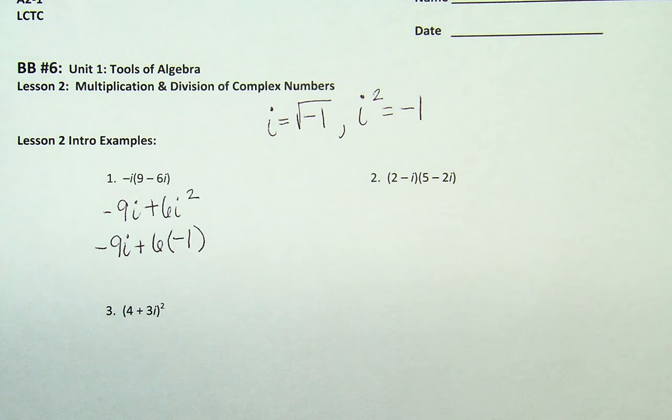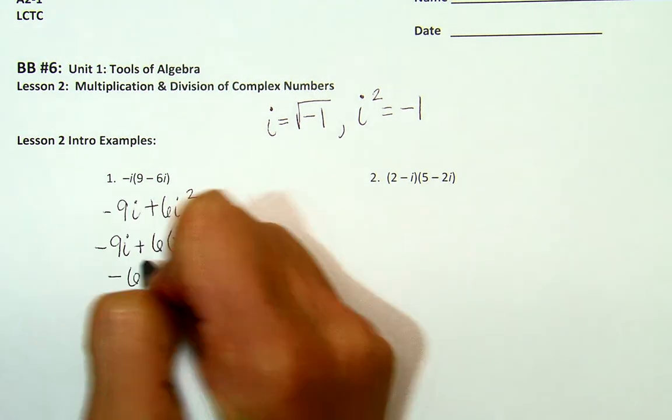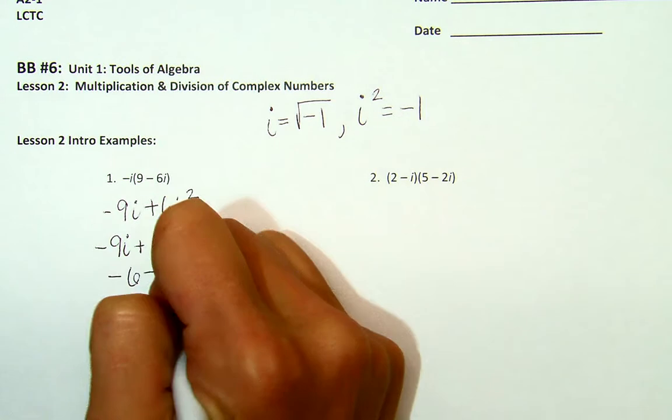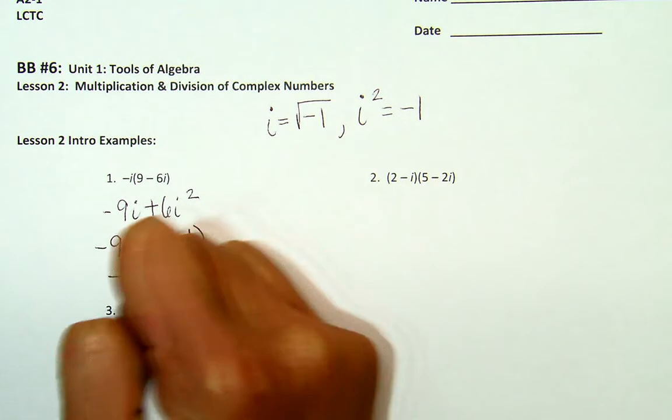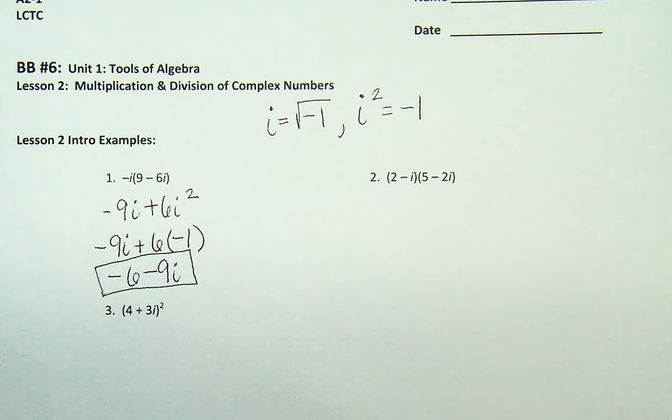When we do that, we're going to write our real number piece of this complex number first and the imaginary part second. So 6 times -1 is -6 minus 9i. So -6 minus 9i is the new complex number we get when we take -i times the quantity 9 minus 6i.